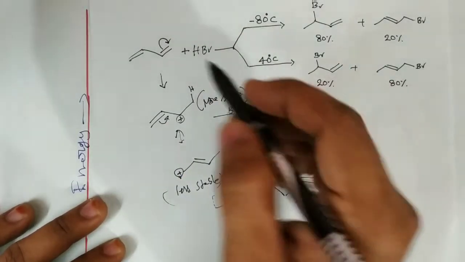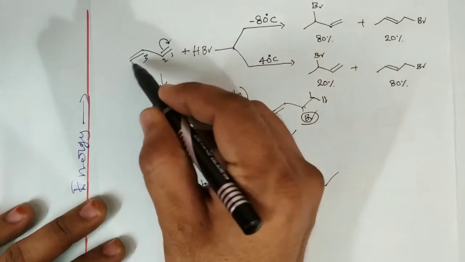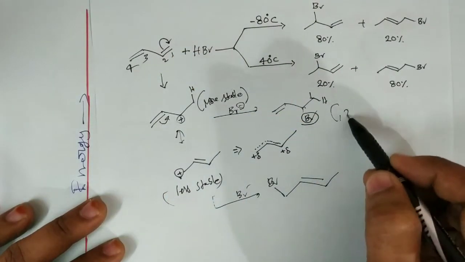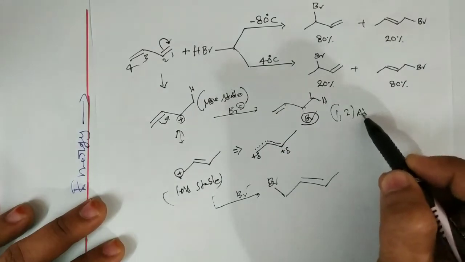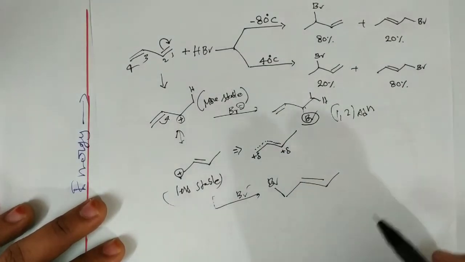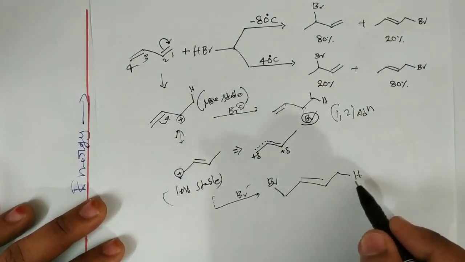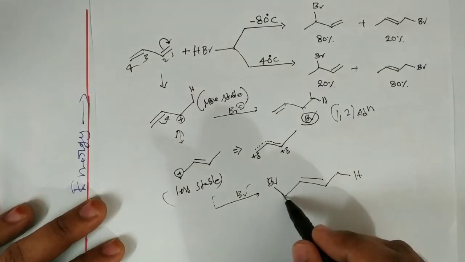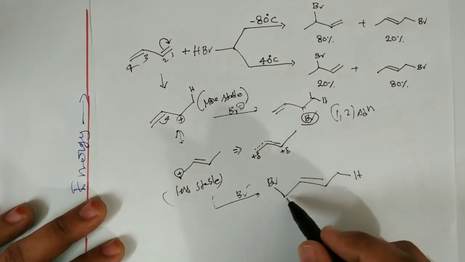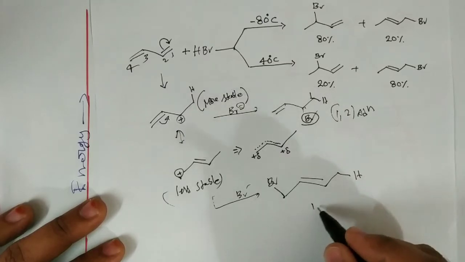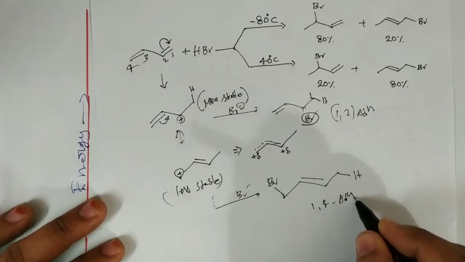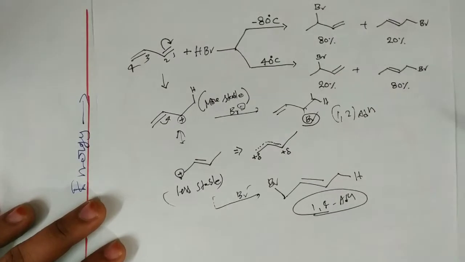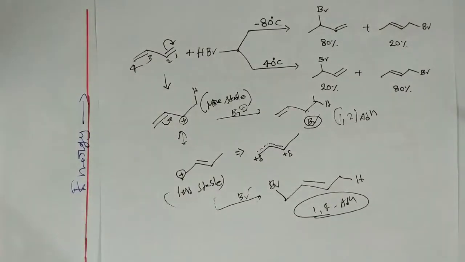Numbering 1 2 3 4, this is called the 1,2 addition product. In the other case, hydrogen is attached to the first atom and bromine is attached to the fourth atom, so this is the 1,4 addition product. These are the two possible products in this case.